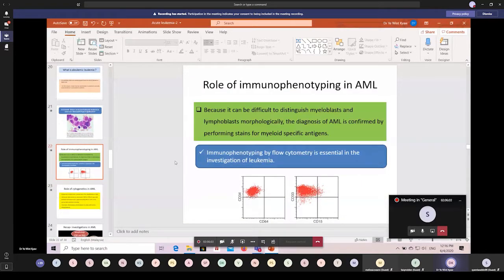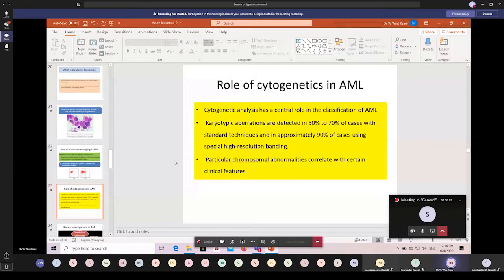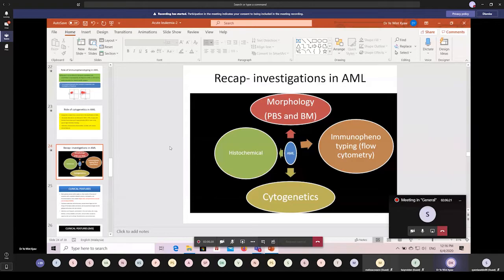Another one, the same format, immunophenotyping. This can differentiate myeloid and lymphocyte. Another one, cytogenetics. So we keep morphology, immunophenotyping, cytogenetics. For all leukemia it is the same. You can apply morphology to differentiate myeloid and lymphocyte, acute and chronic.